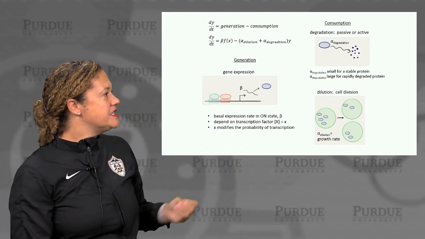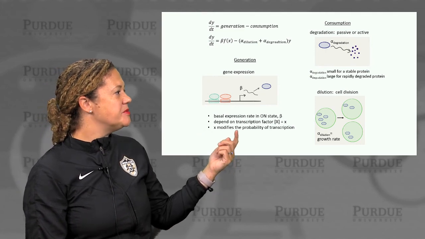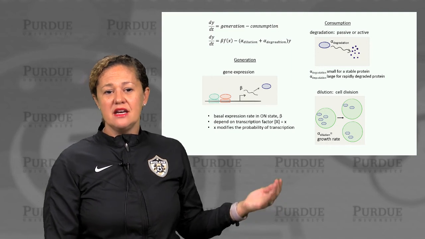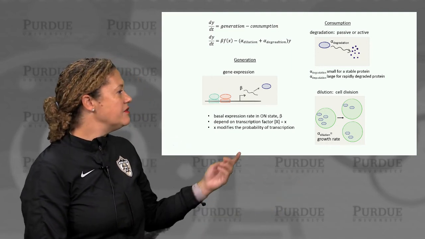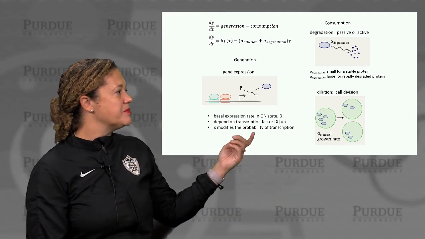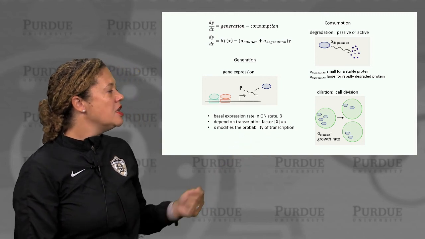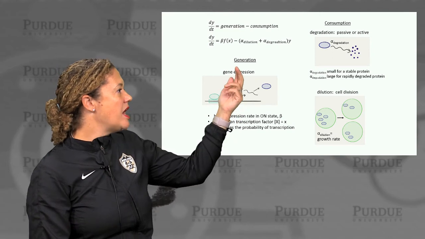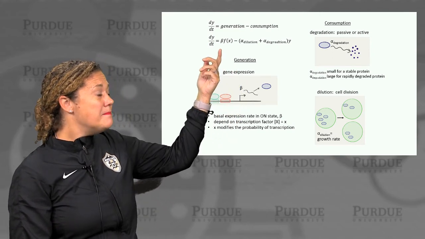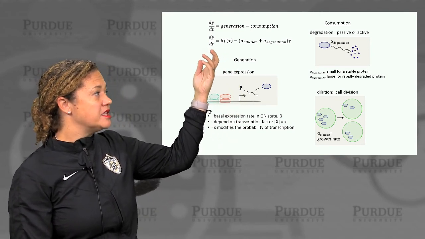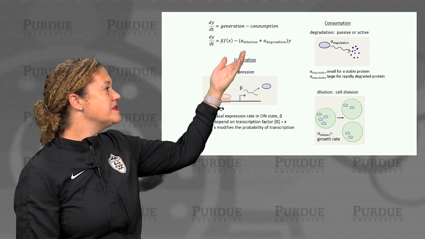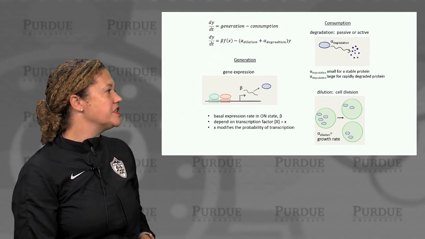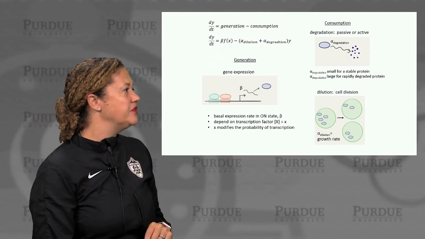The total generation rate also depends on the level of our transcription factor acting either as a repressor or an activator. And remember, we said X modifies the probability of transcription. So we can create a generation term that is a product of our maximum or basal expression level beta times this probability of expression, which is a function of our transcription factor value X.